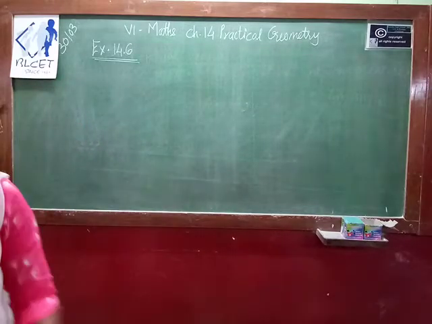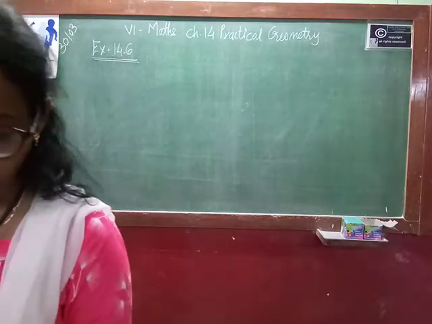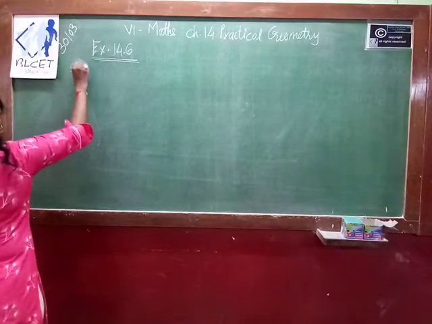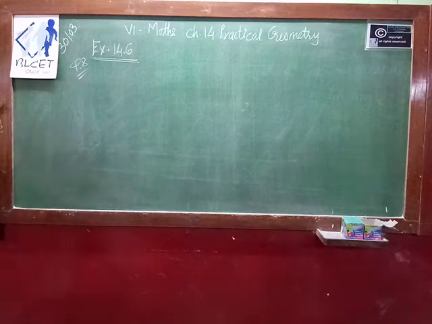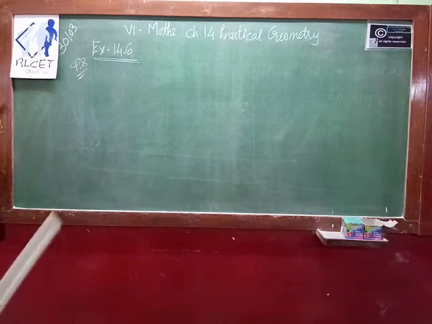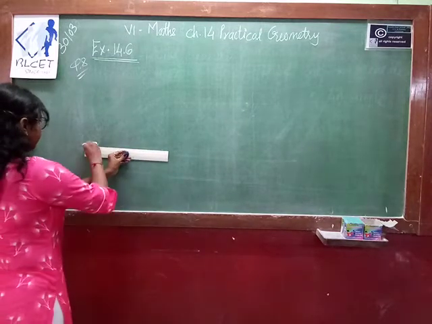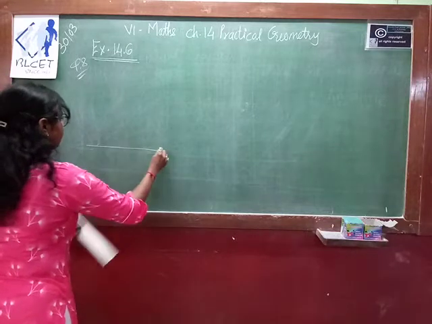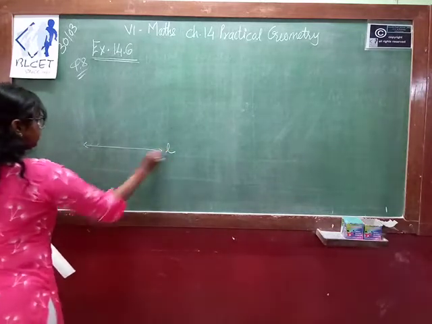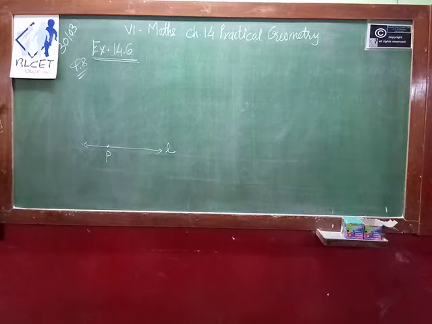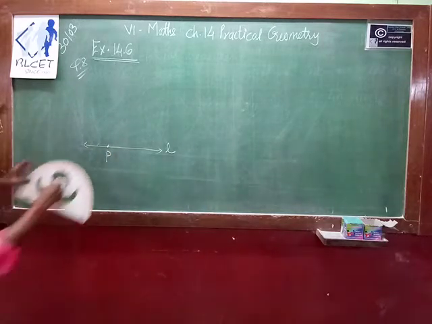70 degree we have to draw with the help of a protractor. So with the help of a ruler we draw the line. Here we construct 70 degree, name it P, with the help of a protractor.